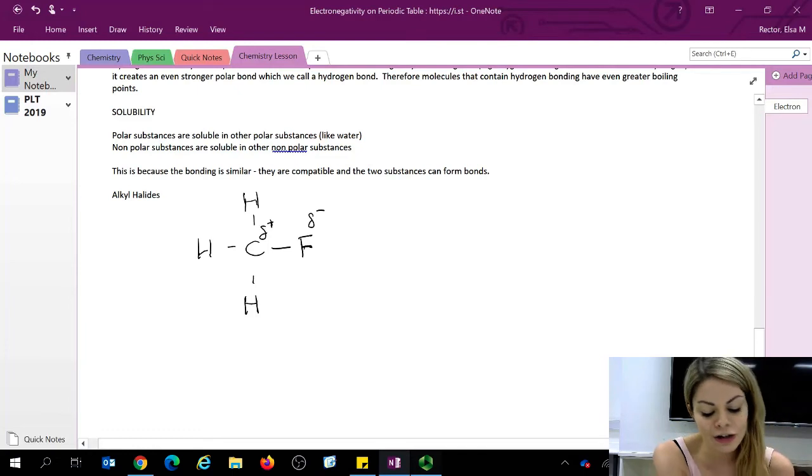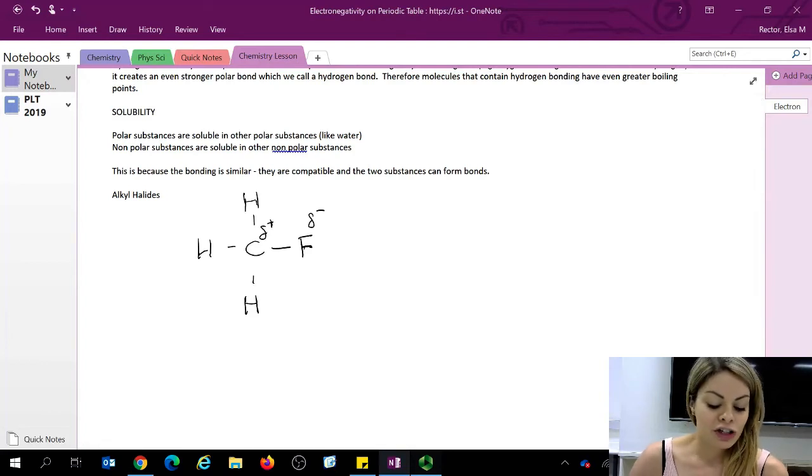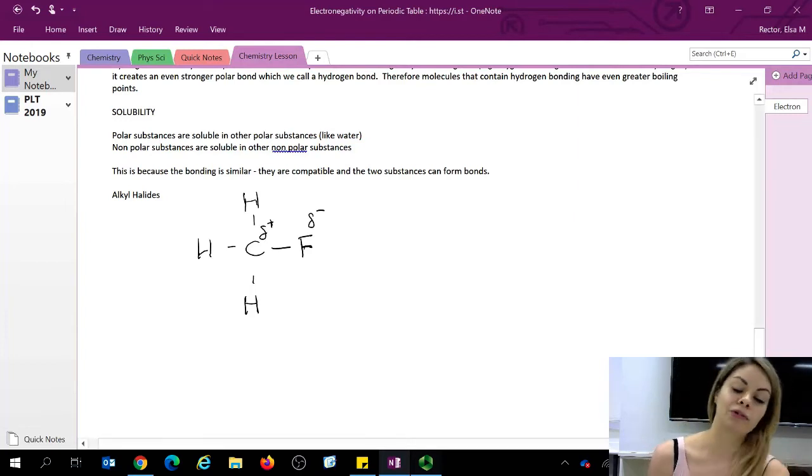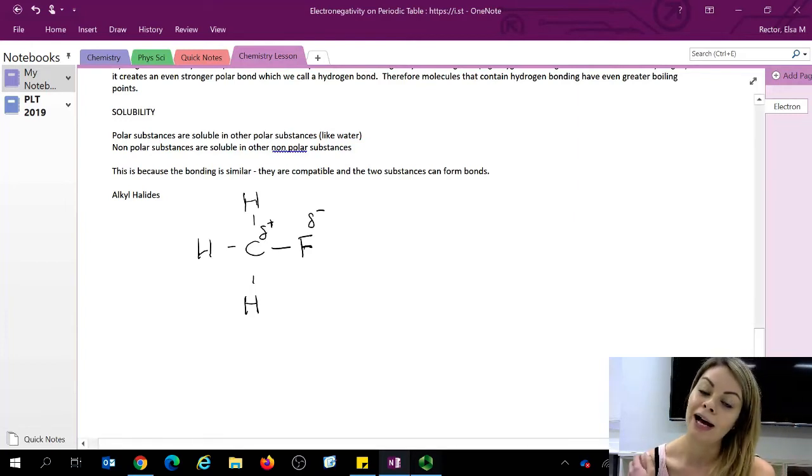You don't need to know about the symmetry because it's not in the course, as I said earlier, but you can just think of it as there's a big enough difference in electronegativity between carbon and fluorine. Basically the end of the molecule with all the carbons and the hydrogens is going to be relatively electropositive, and the fluorine is the electronegative part.